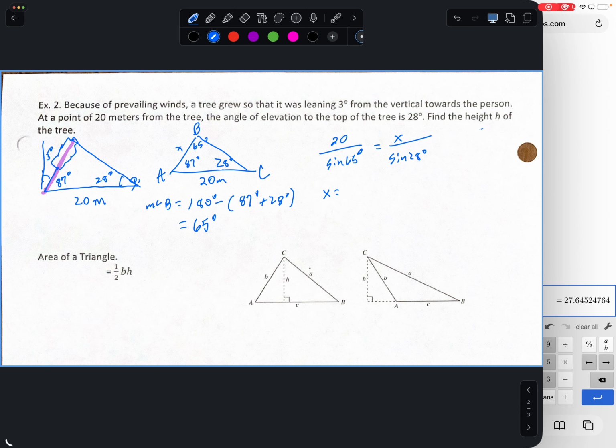And again, you're going to get 20 times the sine of 28 degrees all over the sine of 65 degrees. It comes out to 10.36. It rounds to 10.4, and your units are meters. So that is the height of your tree.